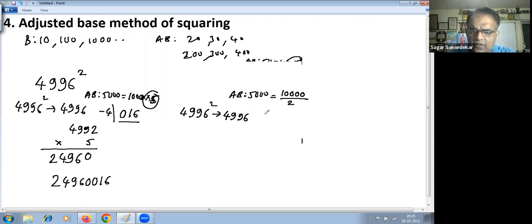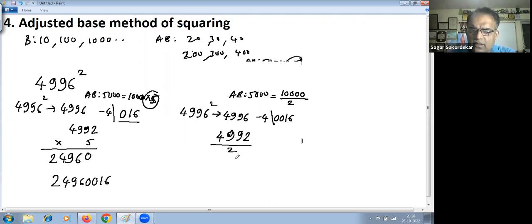4996, the difference is -4. -4 squared is 16. Now here the base is 10,000. 10,000 has 4 zeros, so 4 digits will be required on the right: 0016. 4996 minus 4 is 4992. And then the relation here is divide by 2.